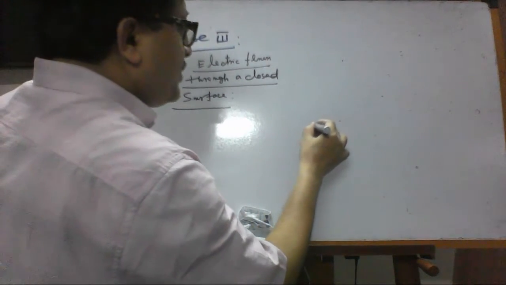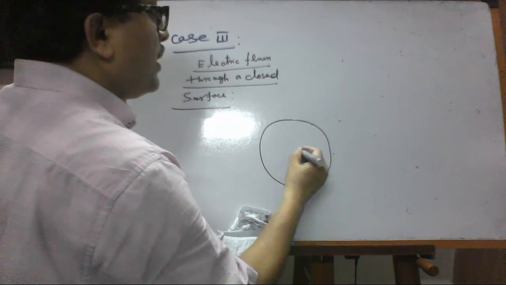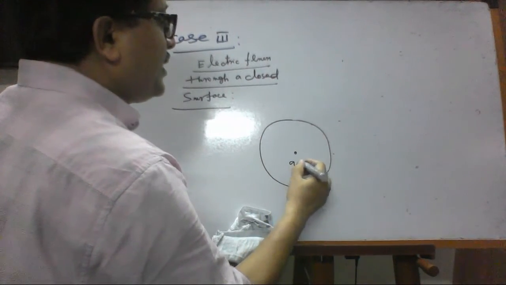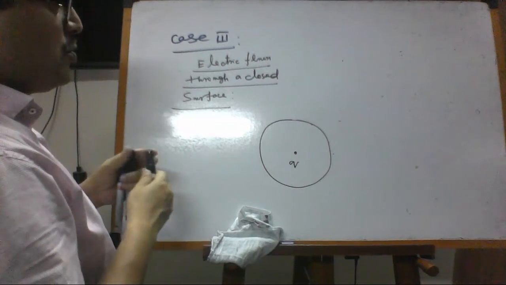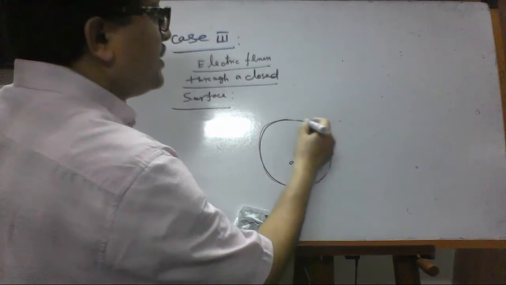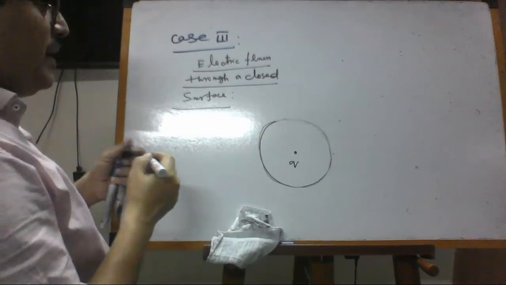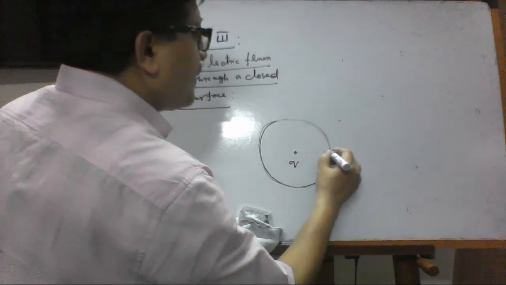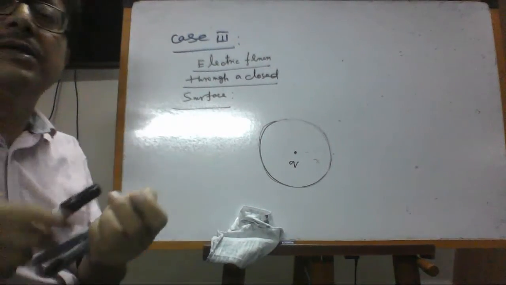We assume that there is a sphere and at the center a charge Q is kept. Our problem is to calculate the total flux through this closed surface. This is a sphere, not a circle. Okay? We want to find the total flux linkage through this surface.